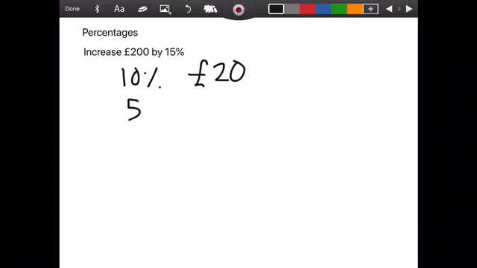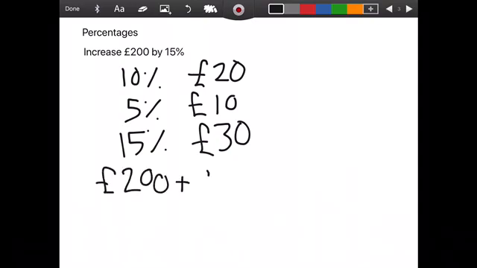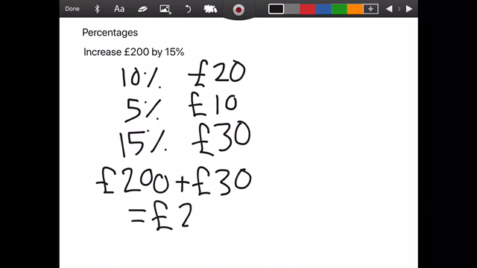And I could find 5% by halving that, because it's half of 10%. So that's £10. Say 15%, I could add them together to get £30. So if I want to increase £200 by 15%, I need to add on £30 to my £200 to get £230.